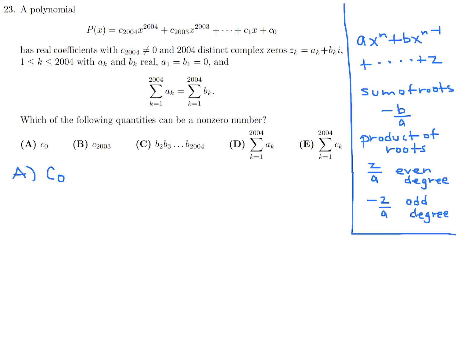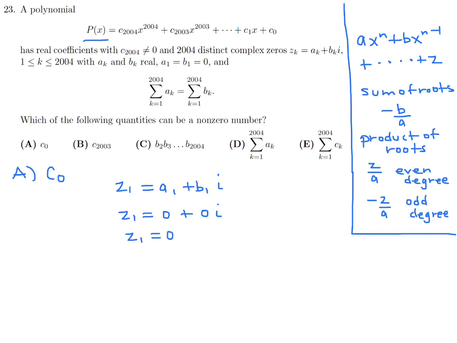So that means my very first root, z1, if I look at that, is going to be a1 plus b1 i, correct? So a1, they tell me is 0. b1, they tell me is 0. And I'm going to multiply that by i. Well, z1 basically becomes 0. Correct? So that means that one of my roots is 0.